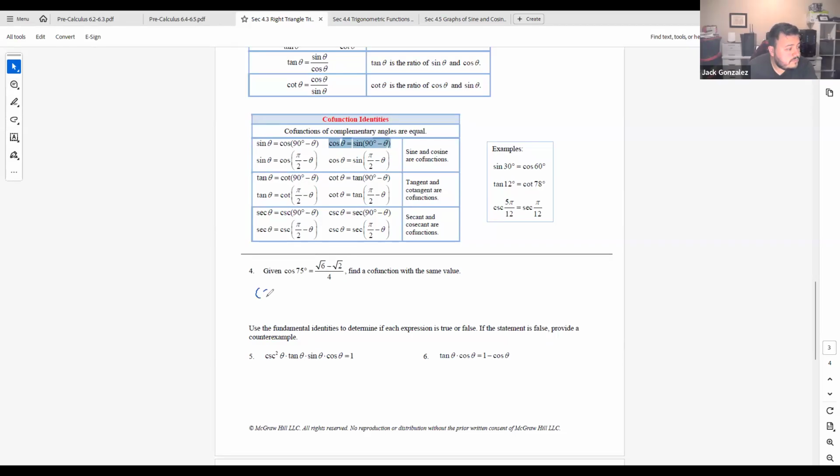If you don't know, you can write out the formula, right? So it would be sine of 90 degrees minus theta. So if theta is 75, 90 minus 75. What is that?